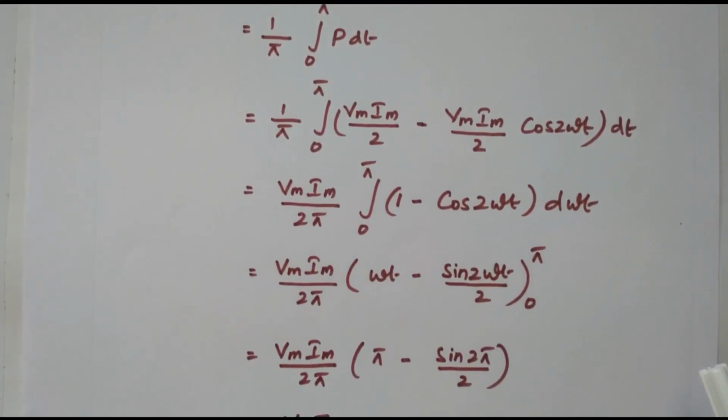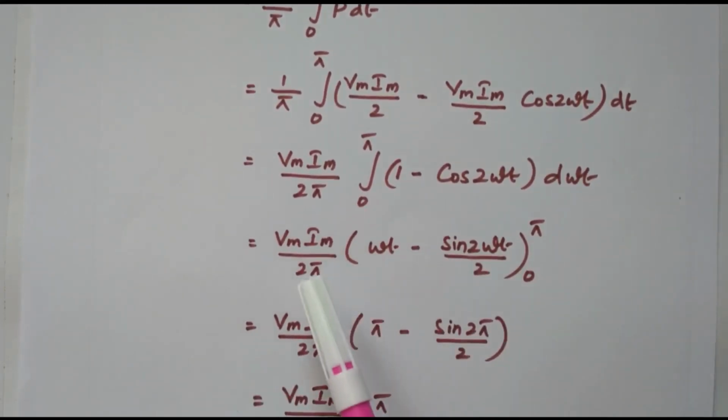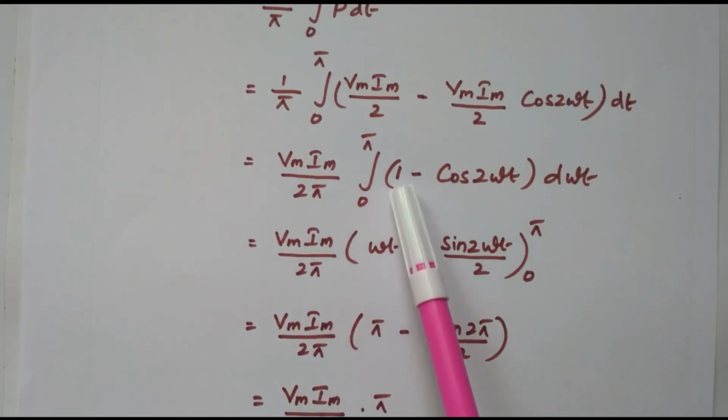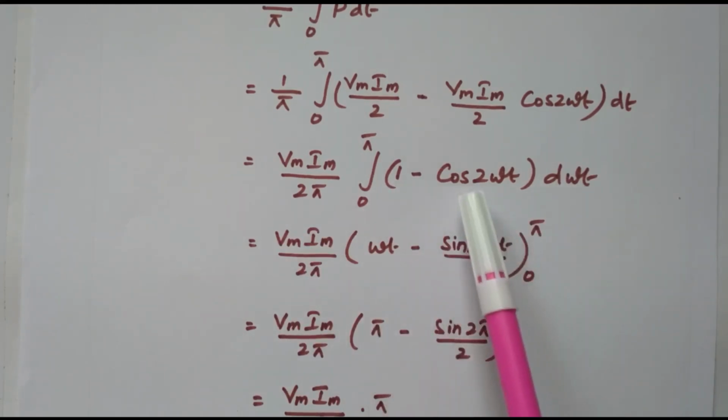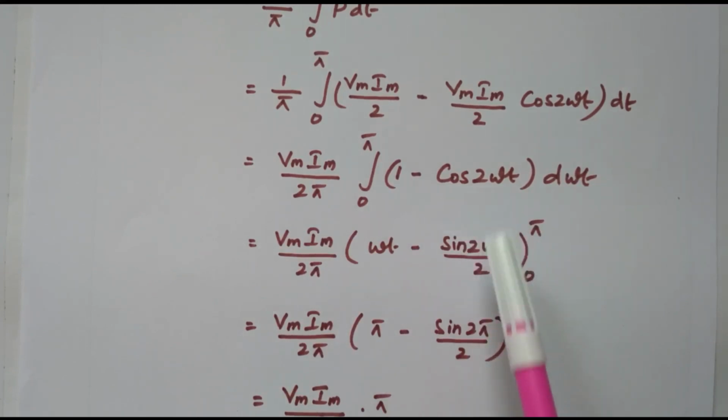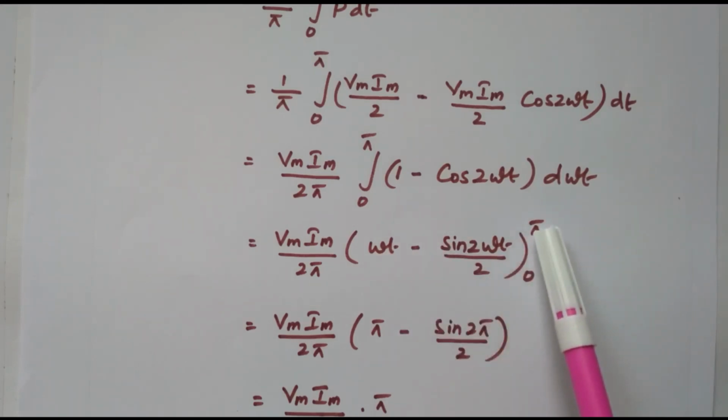Now we'll go for the integration. So Vm Im divided by 2 pi, the integral of 1 d omega t is omega t, minus the integral of cos 2 omega t, which is sin 2 omega t divided by 2. Now substitute the limits: pi minus sin 2 pi divided by 2.